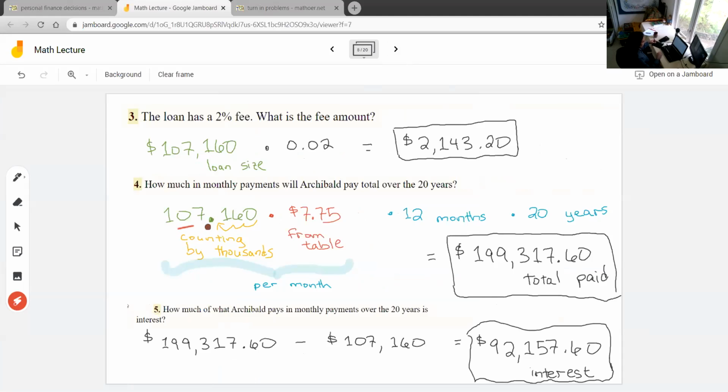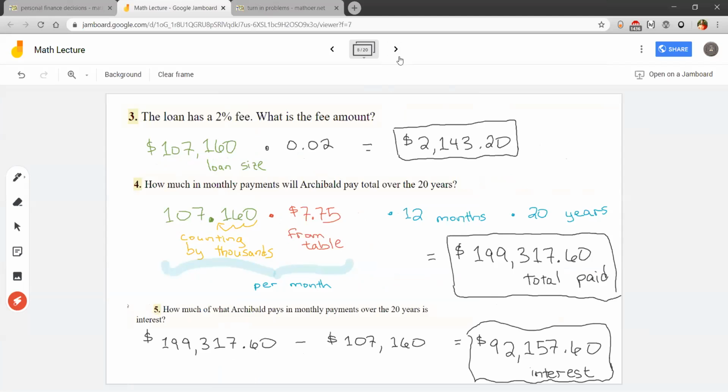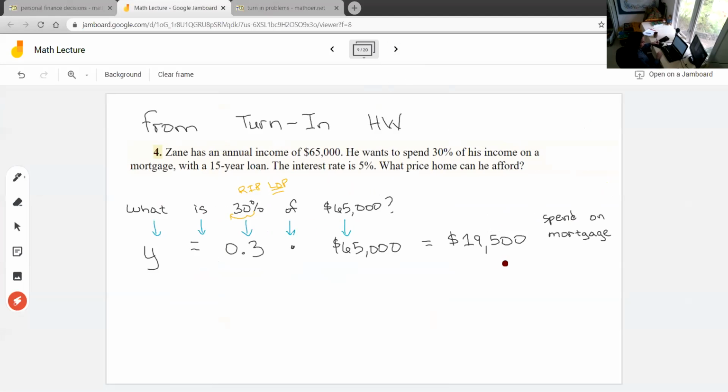So we count 107,000, and then it turns out to be 0.16 to get to the 160. Okay, thank you. So that's not our answer yet. We'll deal with that eventually if we follow Zane's problem on the turn-in homework. But for now, there's just something wrong that this isn't his monthly mortgage payment.